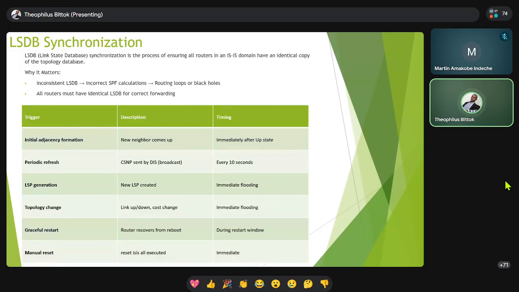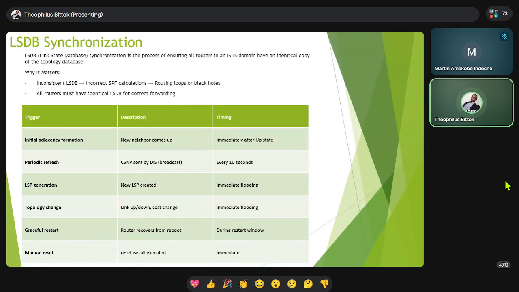And then we have the triggered synchronization. It will happen if, for example, one of the links has gone down. So I'm going to resend my LSPs telling my other routers, okay, I knew a route to go to Nairobi, and the route I was using was X and Y, but that link has gone down.